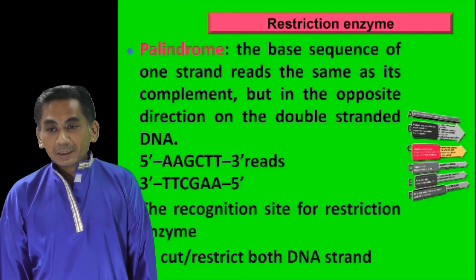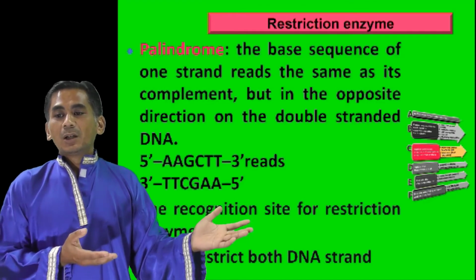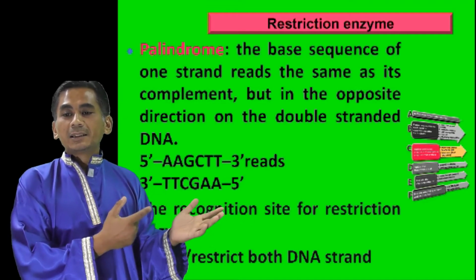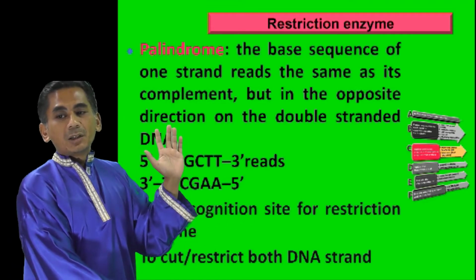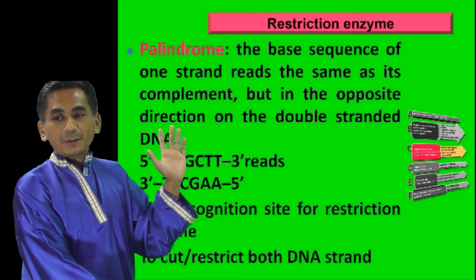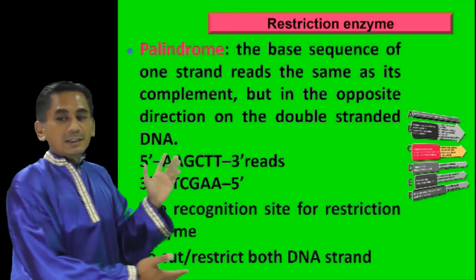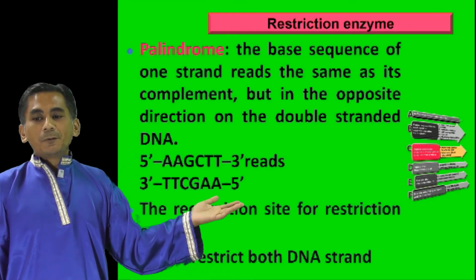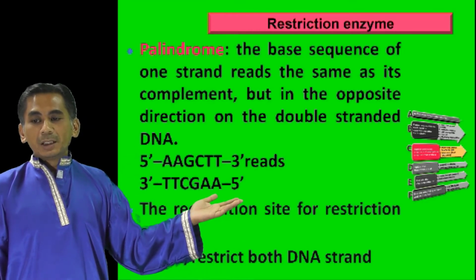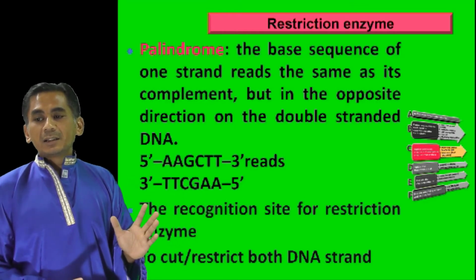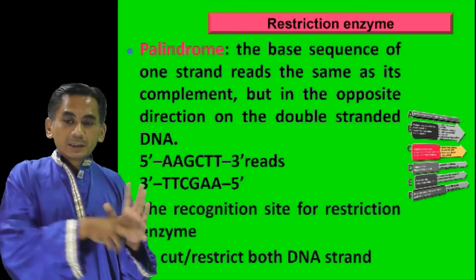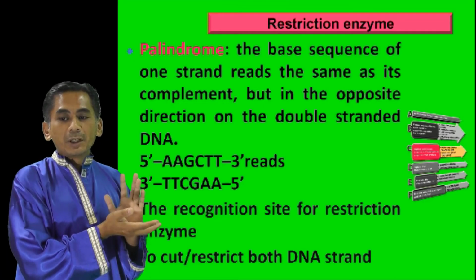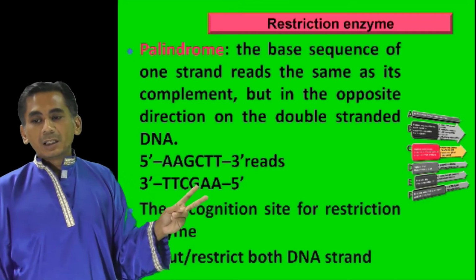Palindrome means the base sequence of one strand reads the same as in the opposite direction of the complementary strand of DNA. For example, as shown in the figure here, the function of the palindromic sequence is to act as a recognition site for restriction enzyme and then cut at the restriction point on both DNA strands.